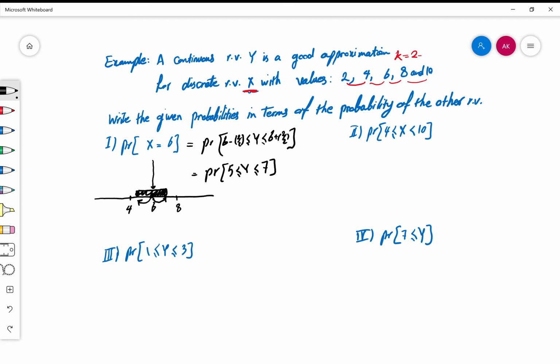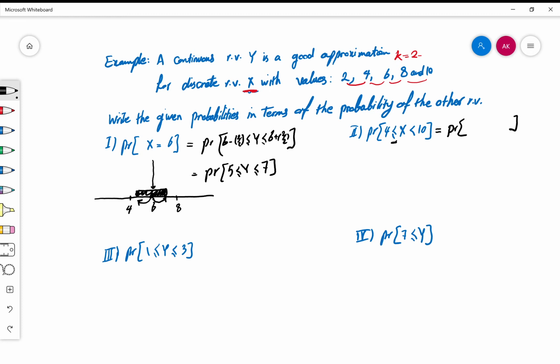Okay, here, probability of x bigger than 4, less than 10. Bigger than or equal to 4, less than 10. This is very important when you deal with discrete random variables: equality is very important. Turn all the inequalities which define the event into inequalities with equality.